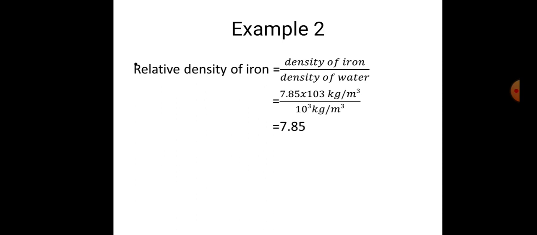So the number 10 raised to 3 kilogram per meter cube is common in both numerator as well as denominator. So it will get cancelled. So the answer is 7.85. Relative density is the ratio of two physical quantities. So the final answer will not carry any unit.